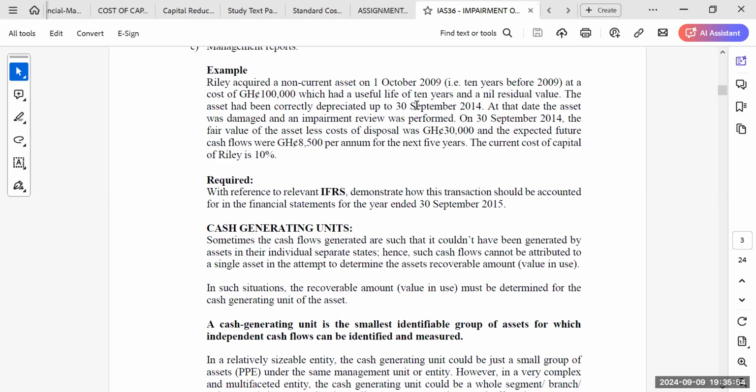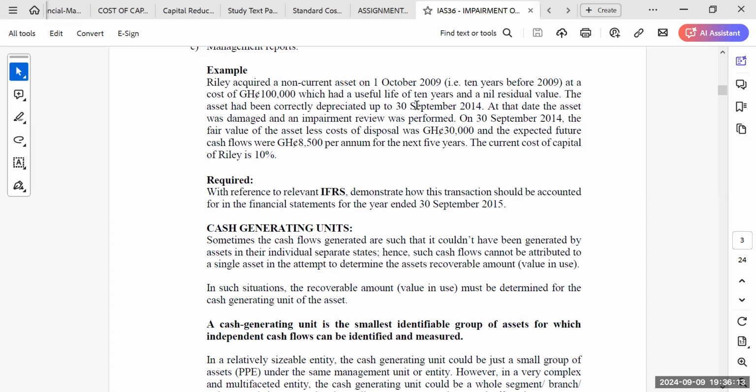The current cost of capital of Really is 10%. Required, with reference to relevant IFRS, demonstrate how this transaction should be accounted for in the financial statements for the year ended 30th September 2015.